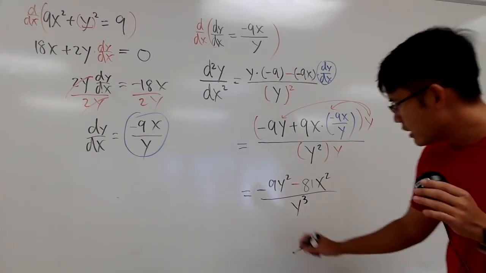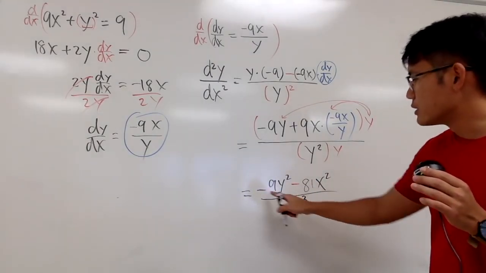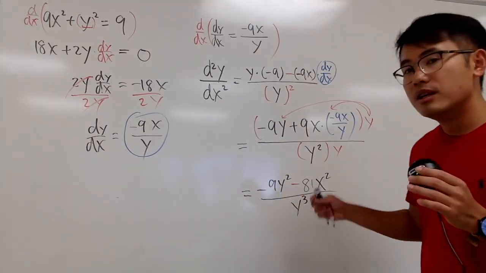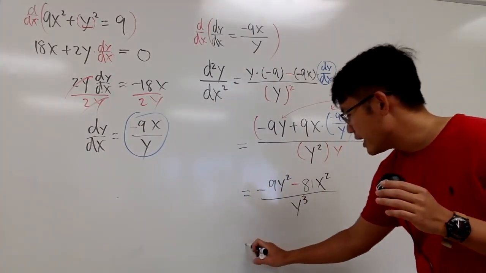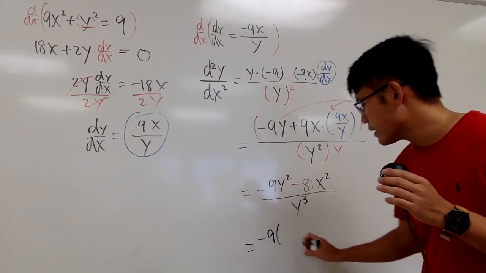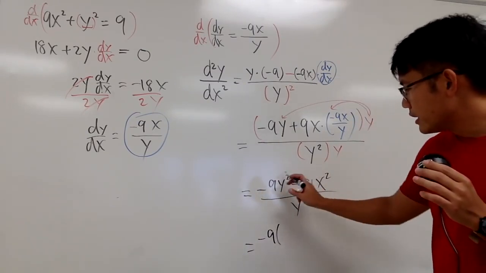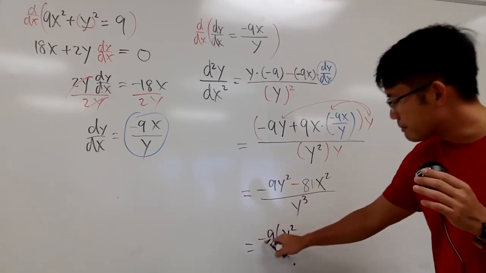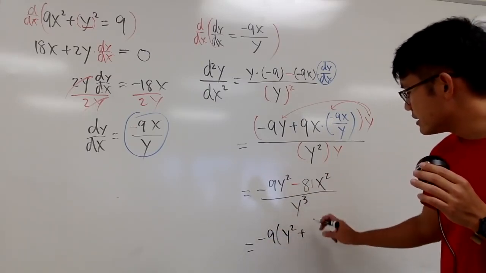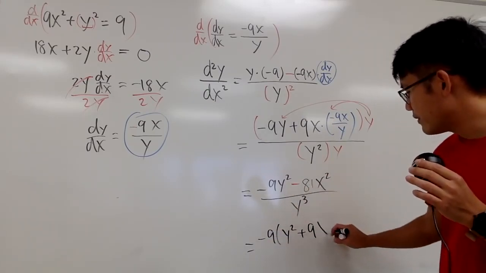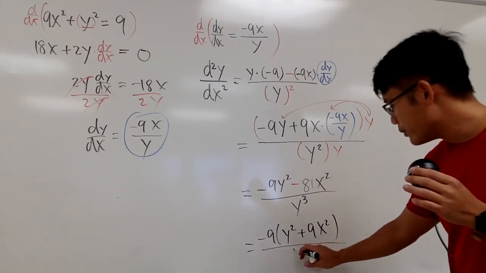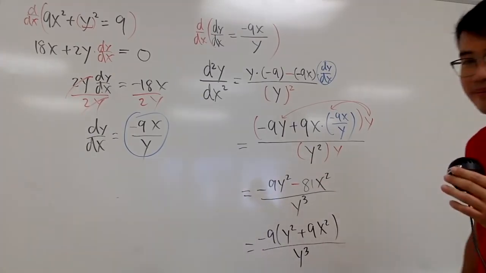You'll see. First of all, on the top, we notice we have negative, negative, and we have the 9 and 81. So let's go ahead and factor out negative 9. And then when we do that, here we will have y squared, and here it becomes positive, and then this is 9, and then we have the x squared, and then this is over y to the third power.